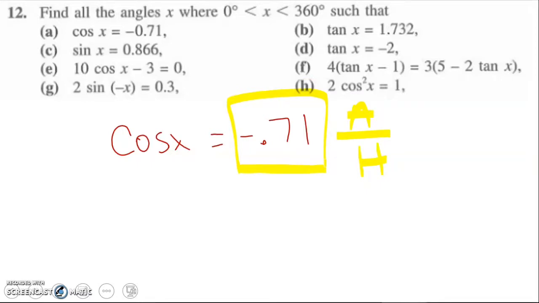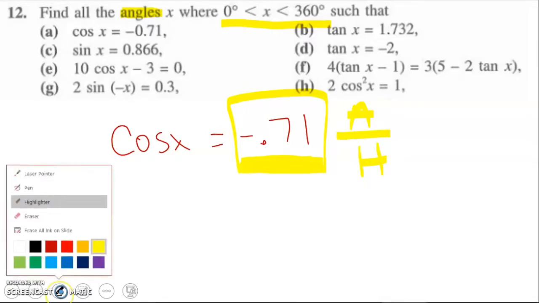What I'm asking you is to find the angles associated with this ratio from 0 to 360. So you're going to have to use a calculator because these are not special right triangles. You can't really decipher these based upon what I've given you here.